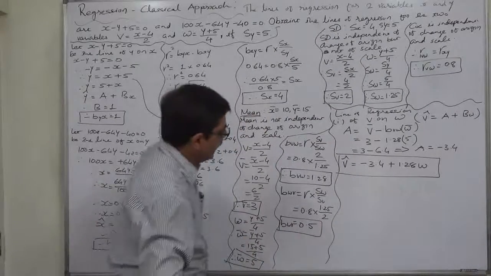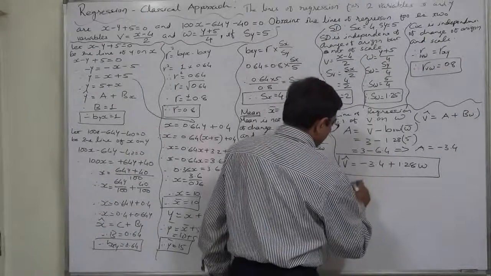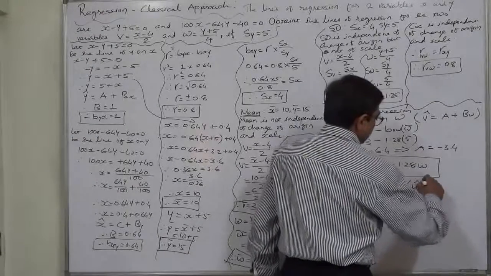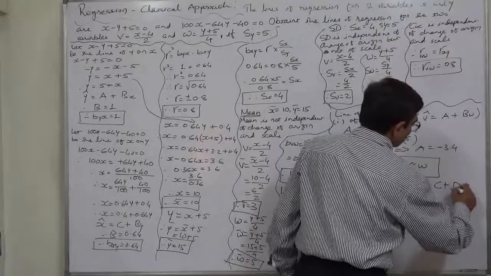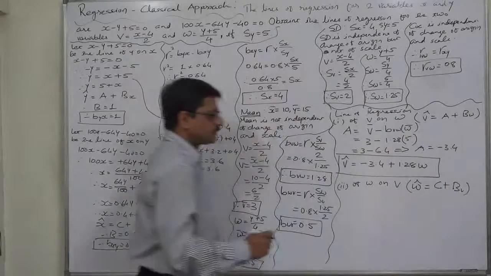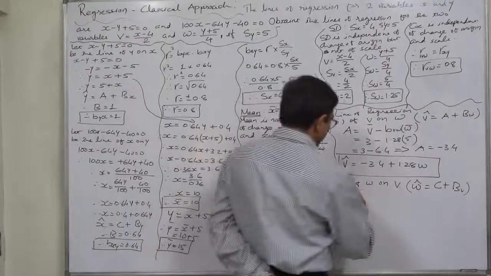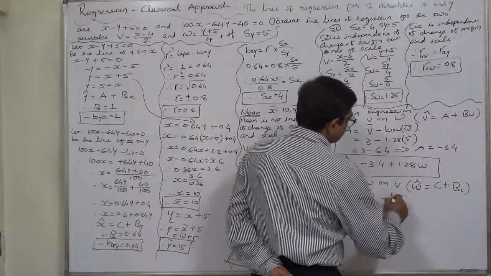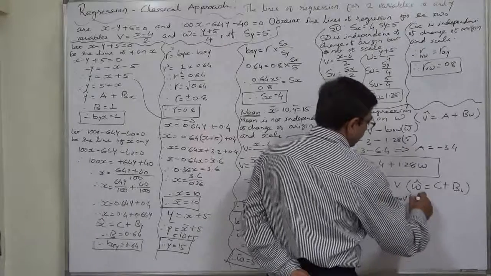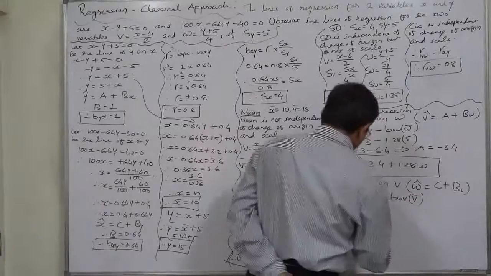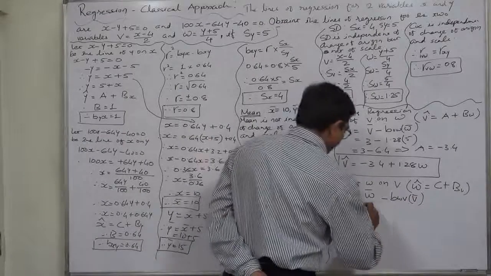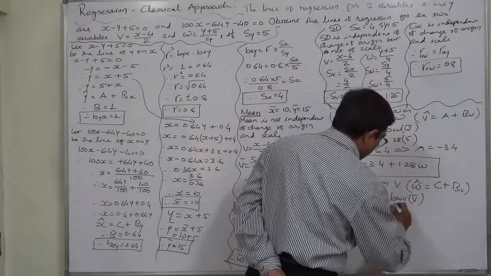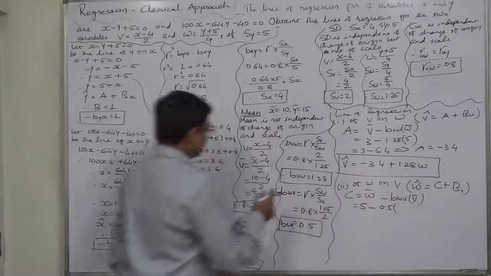Now similarly, the line of regression of W on V, the standard form will be W cap equals C plus BV, where B stands for BWV. But first we have to find C. The formula of C will be W bar minus BWV into V bar. W bar is 5 minus BWV is 0.5 into V bar is 3.